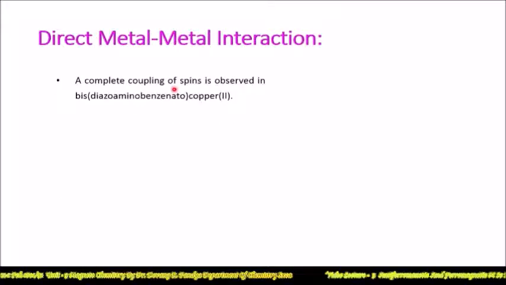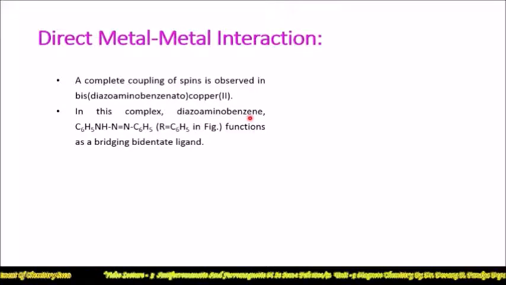A complete coupling of spin is observed in the bis diazoaminobenzenato copper 2 complex. In this complex, diazoaminobenzene, that is C6H5NH-N=N-C6H5, where R is C6H5, the phenyl group in the figure, functions as a bridging bidentate ligand.